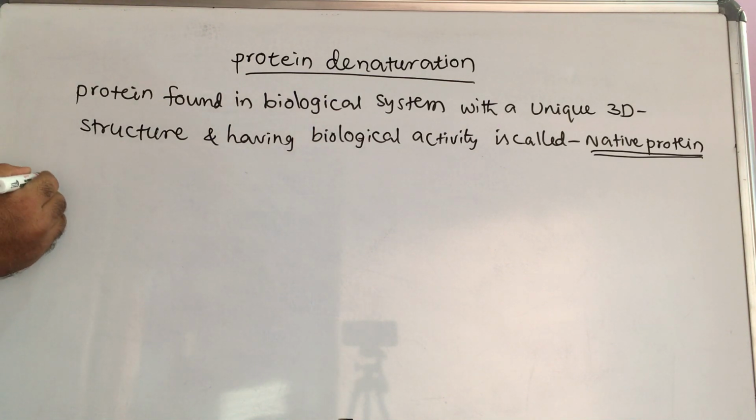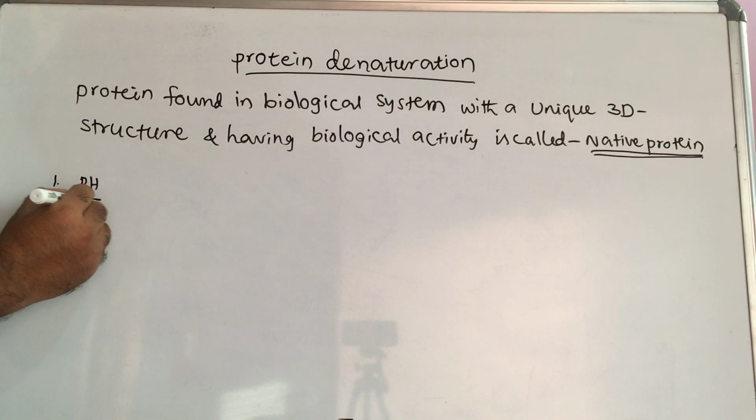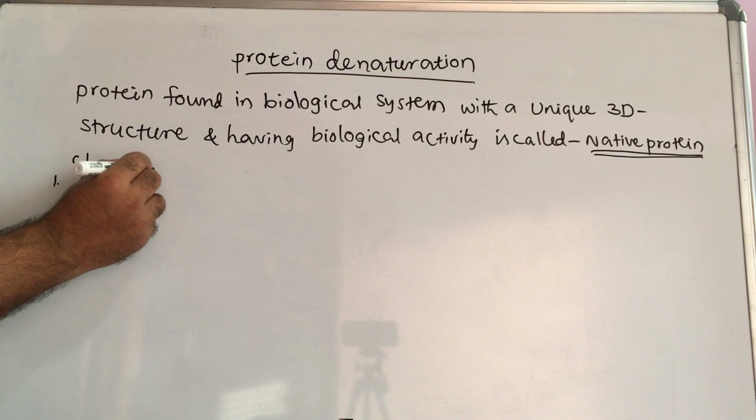Now we will discuss what physical changes, if you make them in the protein, cause it to lose its activity or unfold. For example, change in pH.